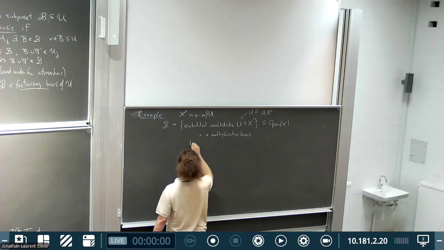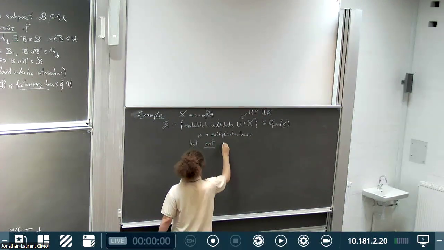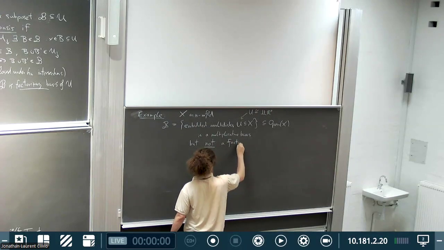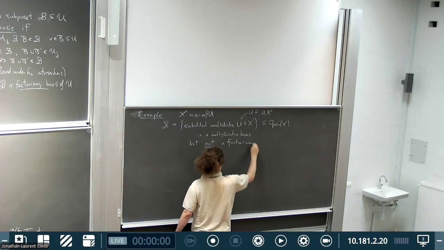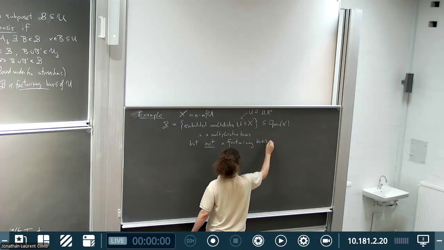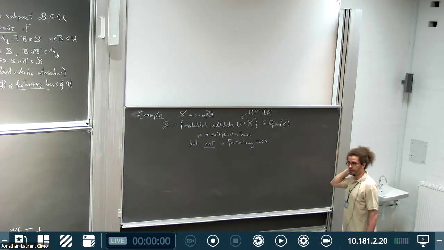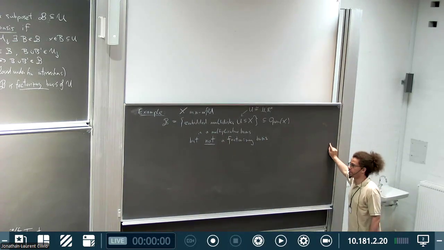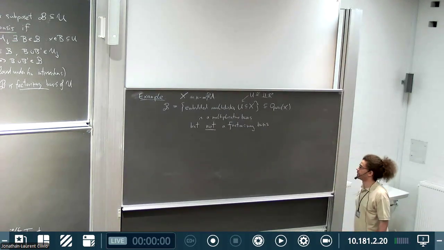But crucially, and this is going to be a bit of an annoyance later, this is definitely not a factorizing basis. Because if you take the intersection of two embedded disks, it's in general not an embedded disk or even an embedded multidisk.